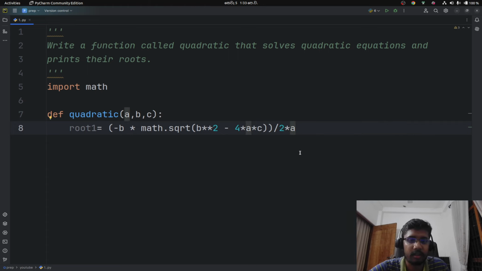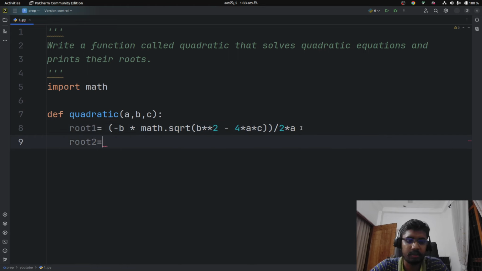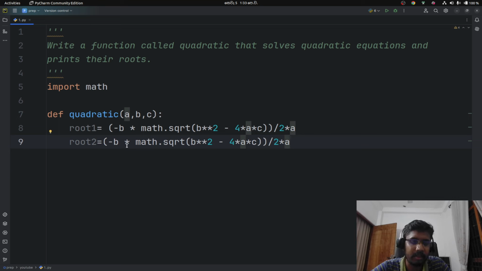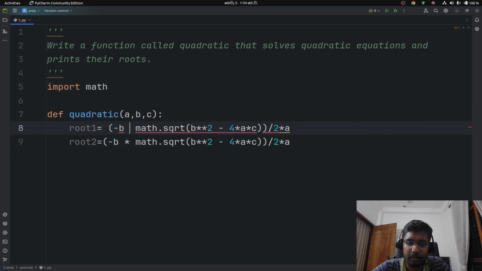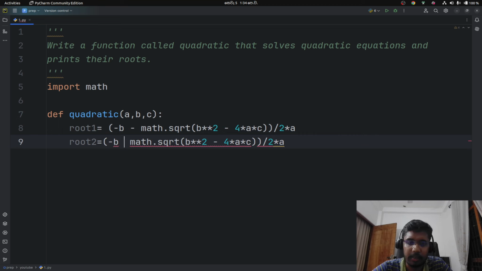This is my root 1, and then to get root 2, all I'm going to do is root 2 equals, paste this, and then here it's going to be, oh, I made a mistake here, it should be minus and plus.